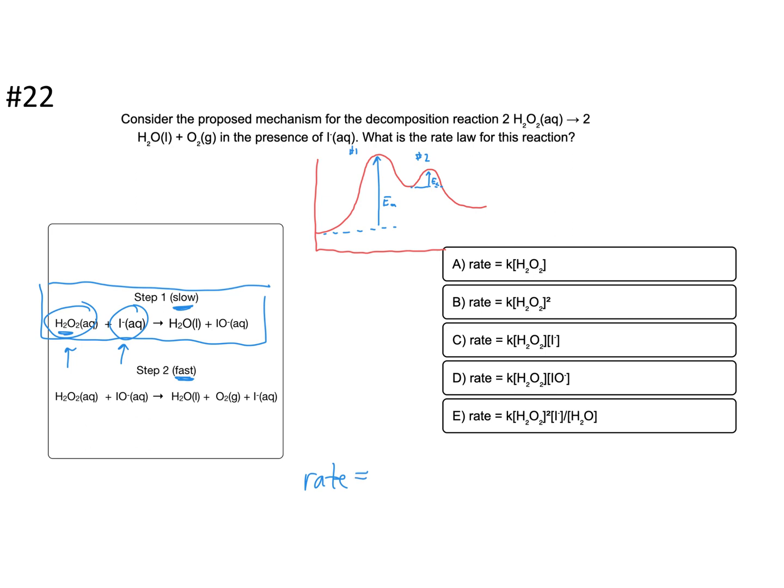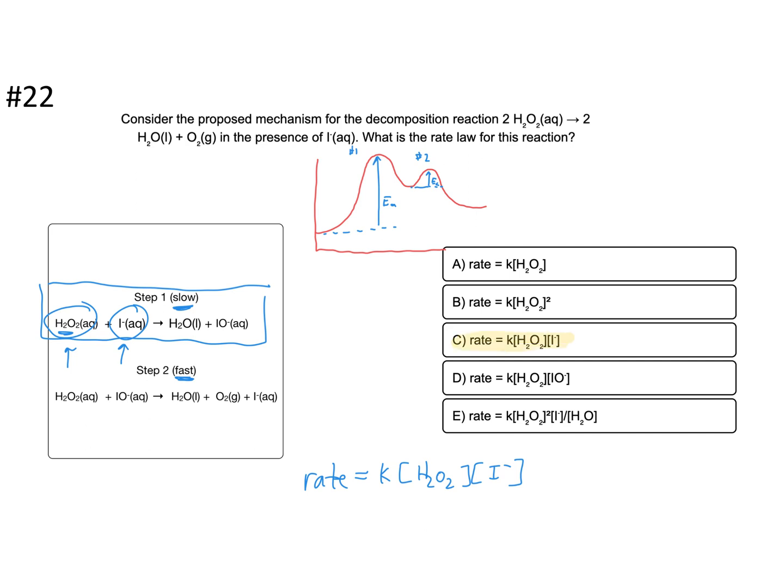So we can get the rate law to say rate equals my rate constant times the concentration of hydrogen peroxide times the concentration of iodine, because I've got 1 mole of hydrogen peroxide reacting with 1 mole of iodine. And that would give us rate law of C.